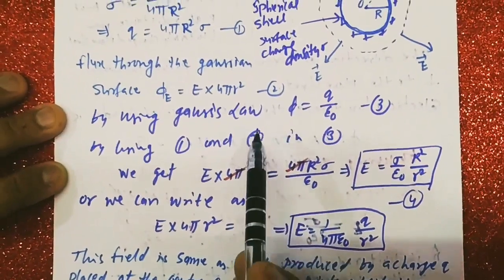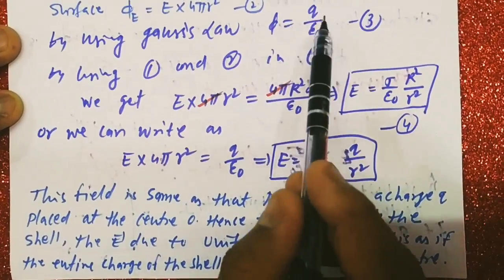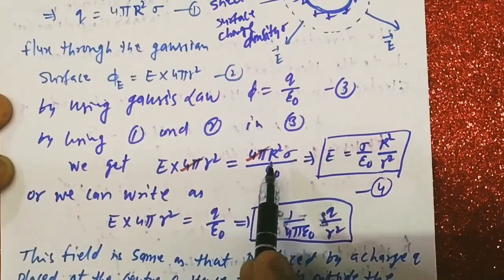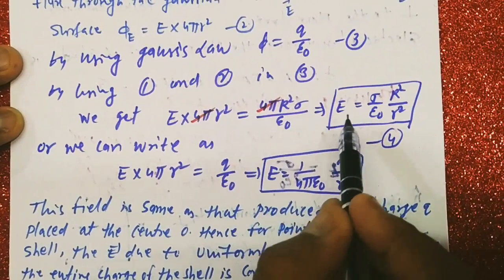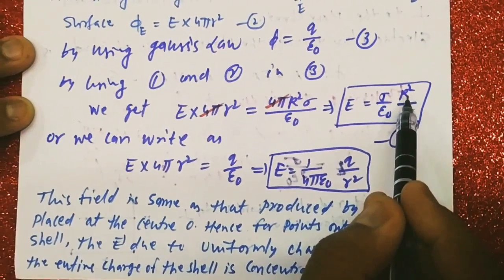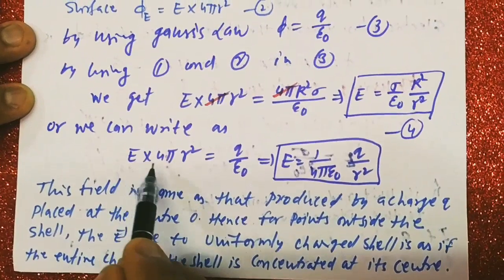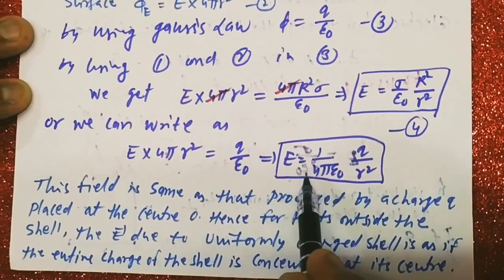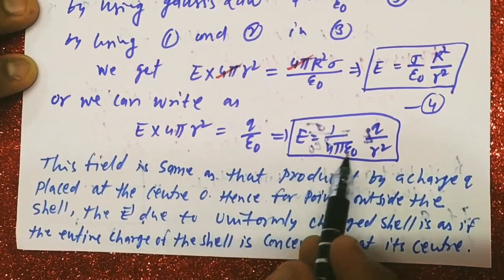So phi replaced by E into 4 pi r square equal to q replaced by 4 pi R square sigma upon epsilon naught. 4 pi cancels, we get E equal to sigma R square upon epsilon naught r square. Or we can write E into 4 pi r square equal to q upon epsilon naught, or E equal to 1 upon 4 pi epsilon naught q upon r square.